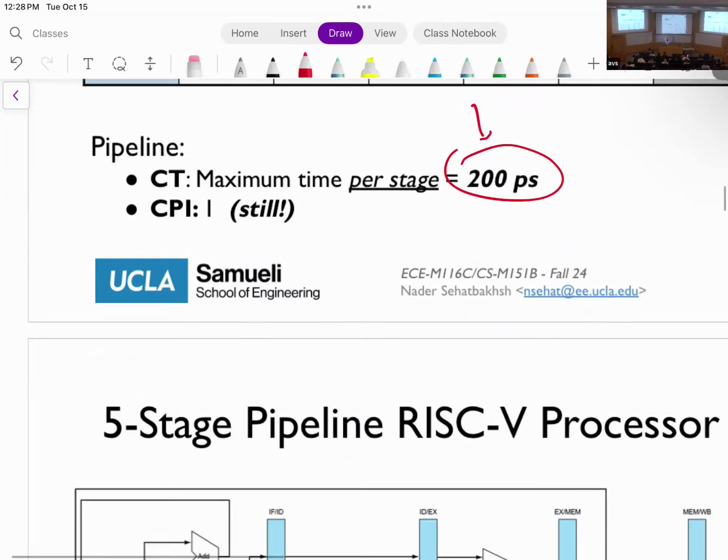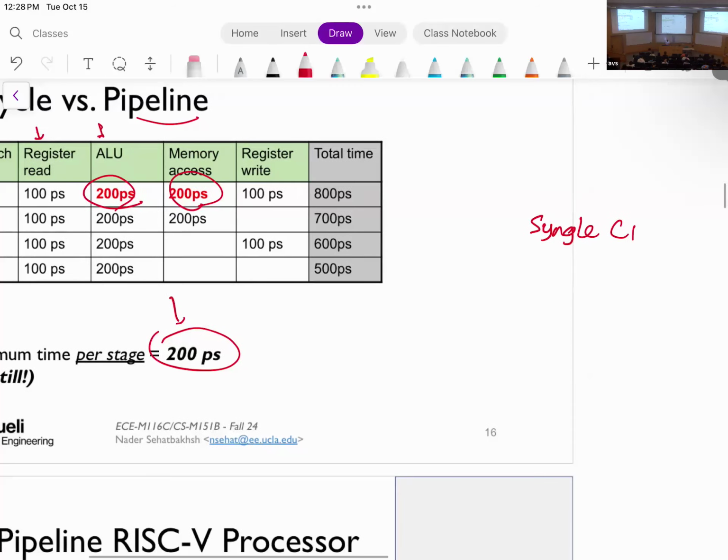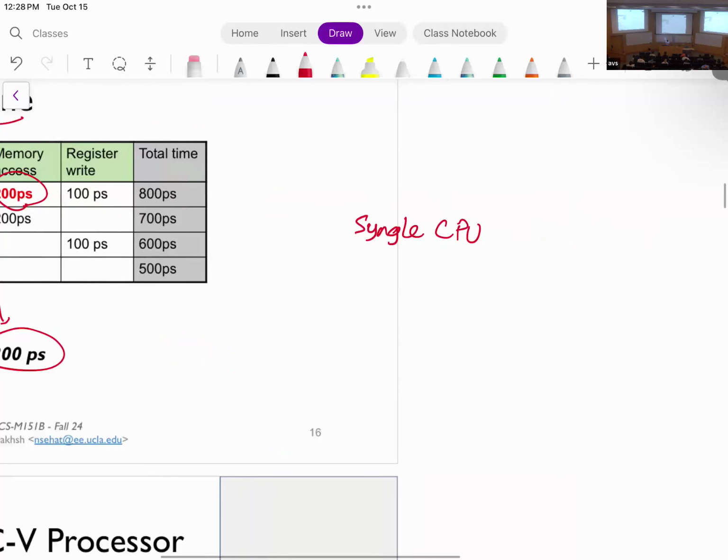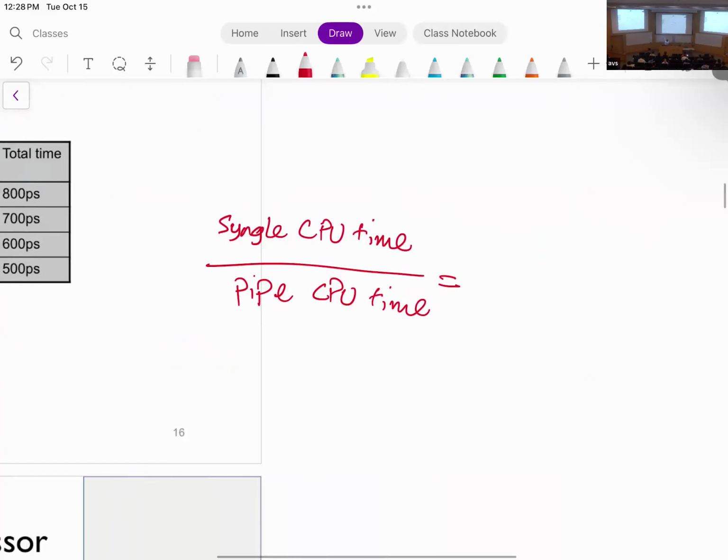So my quote-unquote speedup would be the single cycle CPU time divided by my pipeline design CPU time, right? And then we're going to use the iron law: instruction count times CPI times CT, right? And this one is also instruction count, CPI, CT.